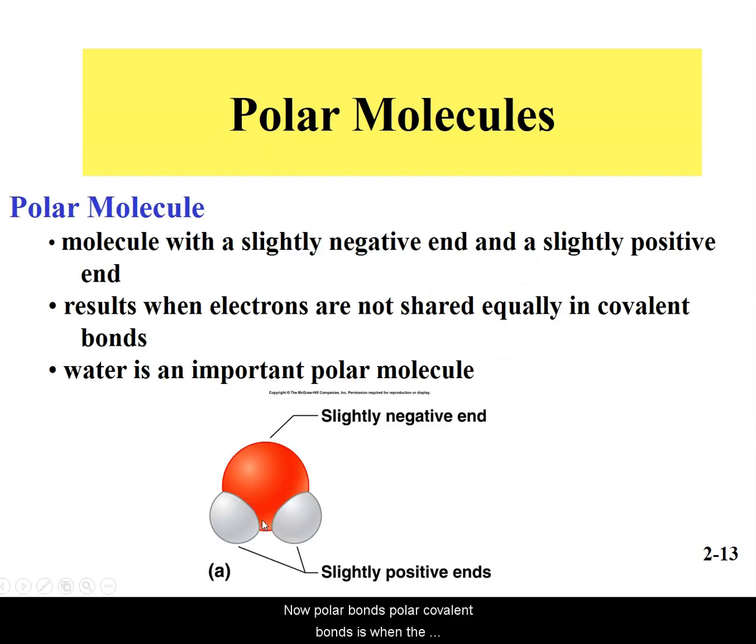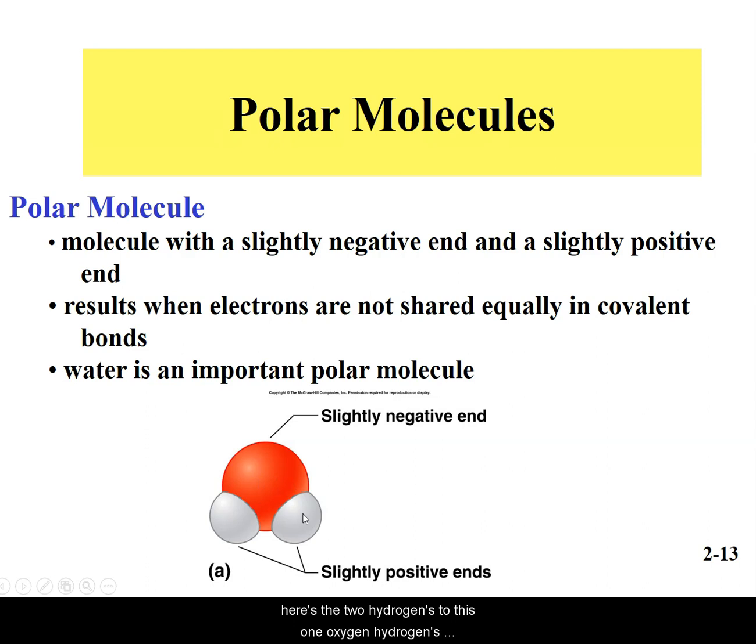Now polar covalent bonds are when the molecule has a slightly negative and a slightly positive end. It results when electrons are not shared equally in the covalent bond. Water is an example of this. Here's our oxygen, and water is H2O, so there are 2 hydrogens to 1 oxygen.